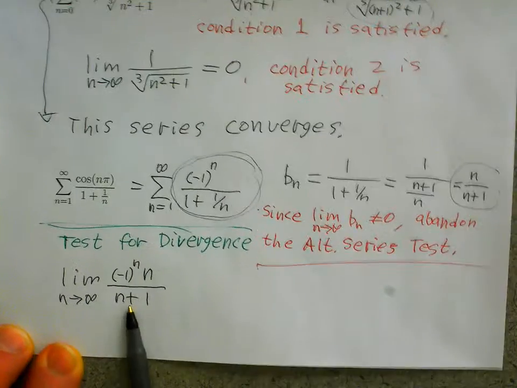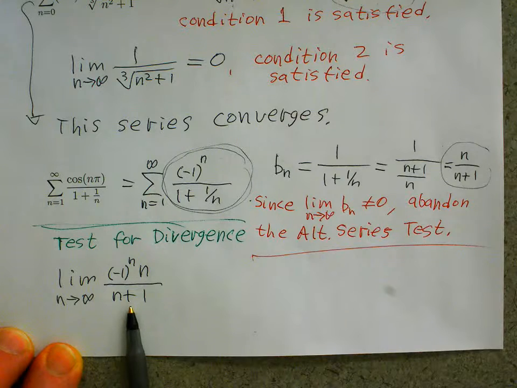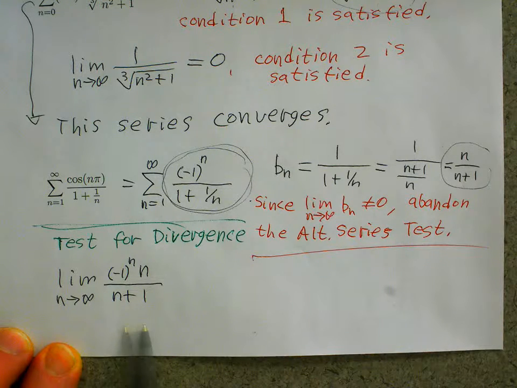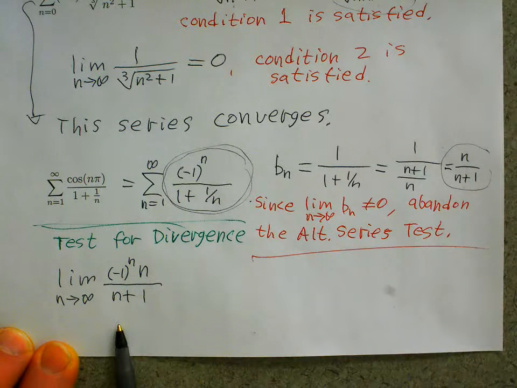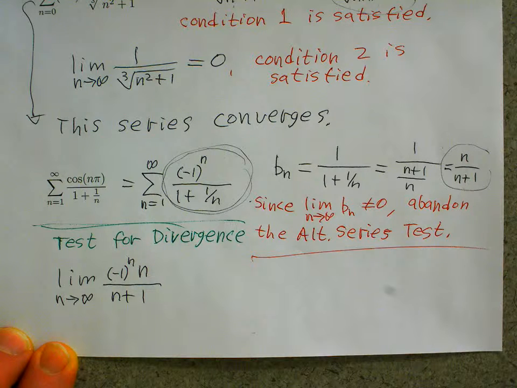So the terms alternate between positive and negative, or vice versa. So what do you suppose is true about this limit? Does it also not exist? Yeah, it does not exist.